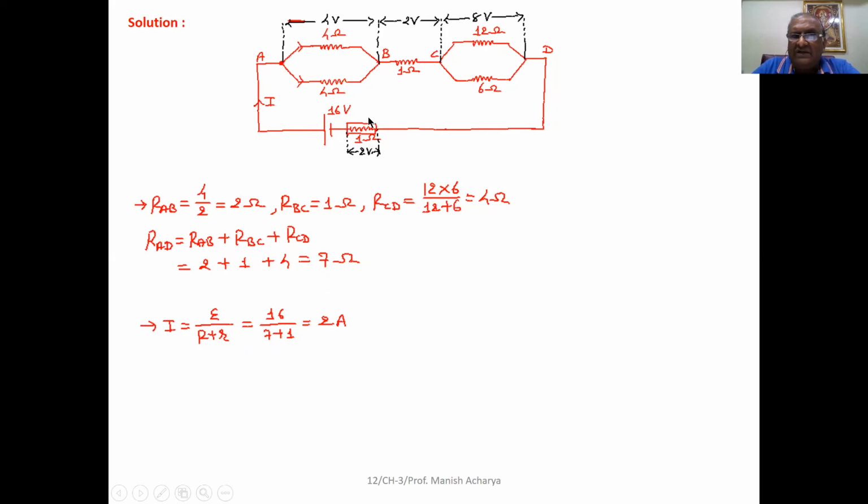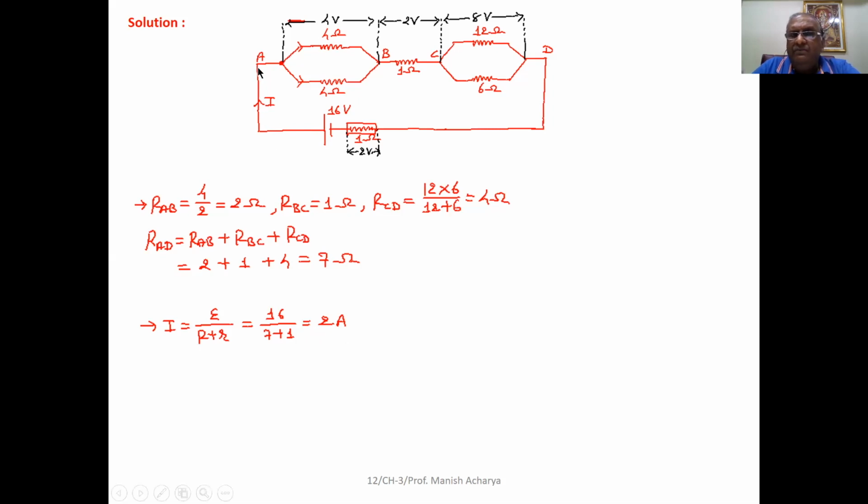And small r, the internal resistance of the battery, is given to you as 1 ohm. So 7 plus 1, 8, 16 by 8, that is 2 ampere. Now the current supplied here is 2 ampere.